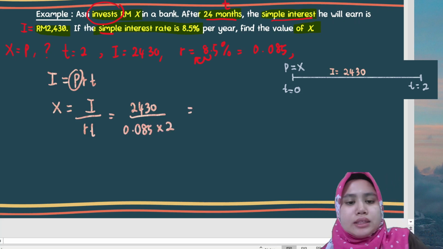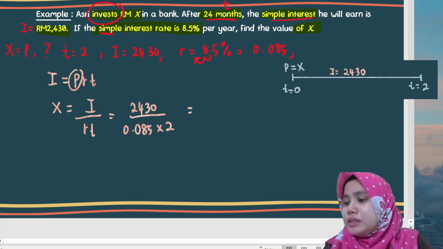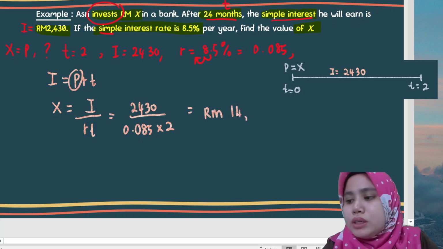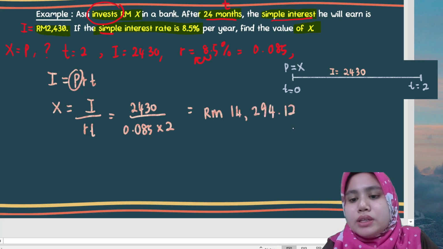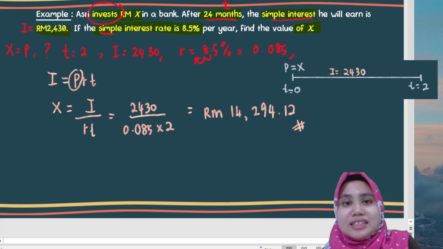Take out your calculator, guys, and calculate Asri's principal, or Asri's X value. It will be RM14,294 and 12 cents. This is the value that Asri invested.